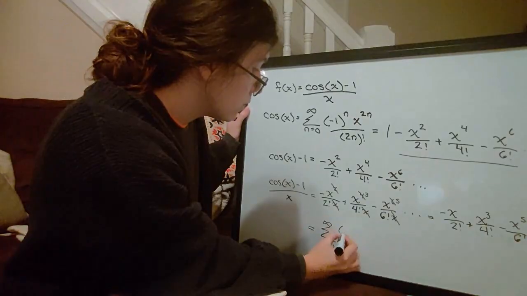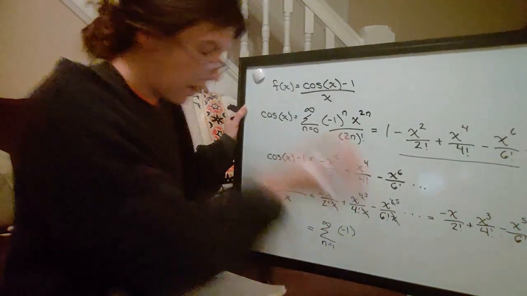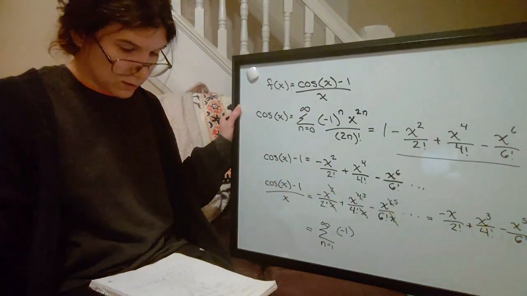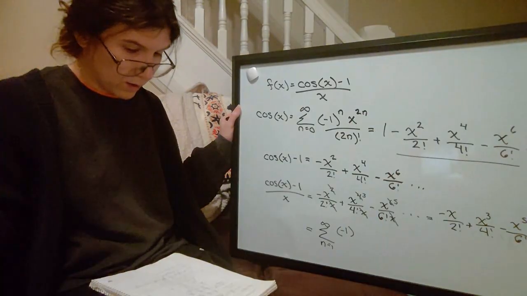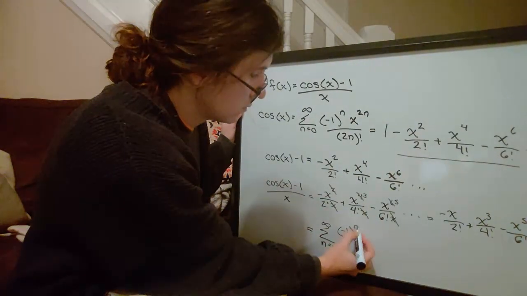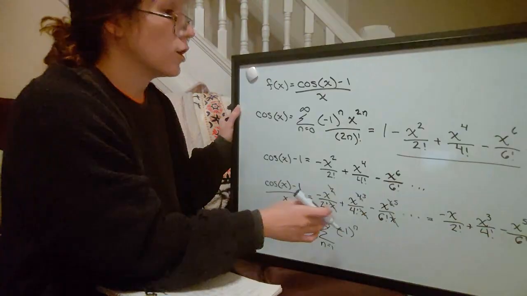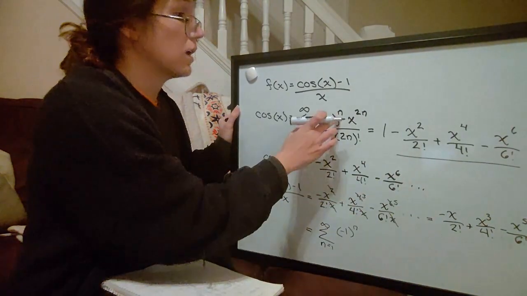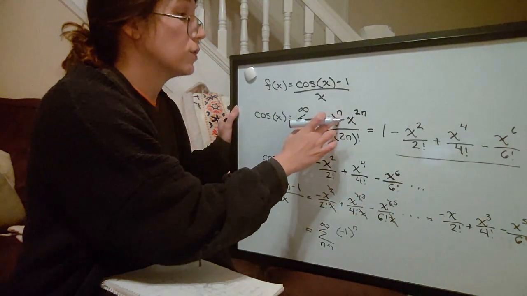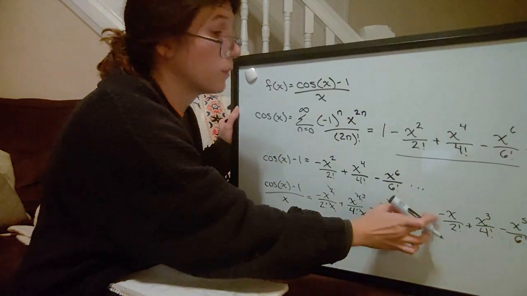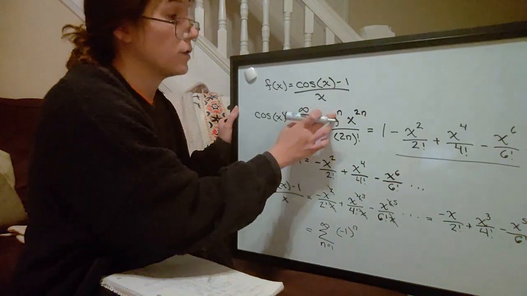So before I get there, I still need to have my negative 1 to the n, because my signs aren't changing. Negative 1 is going to be my first term, so I still am not going to change anything there.